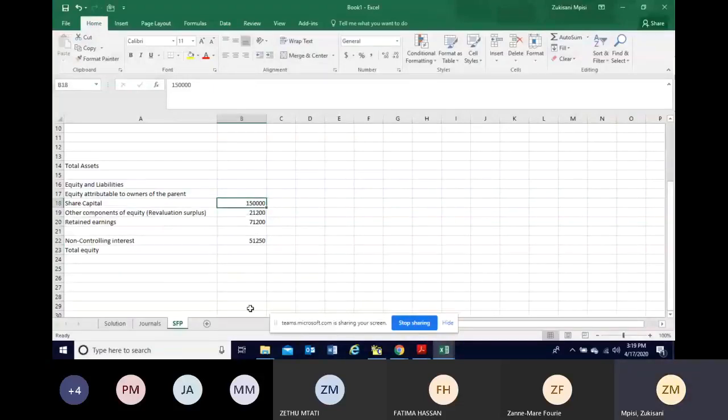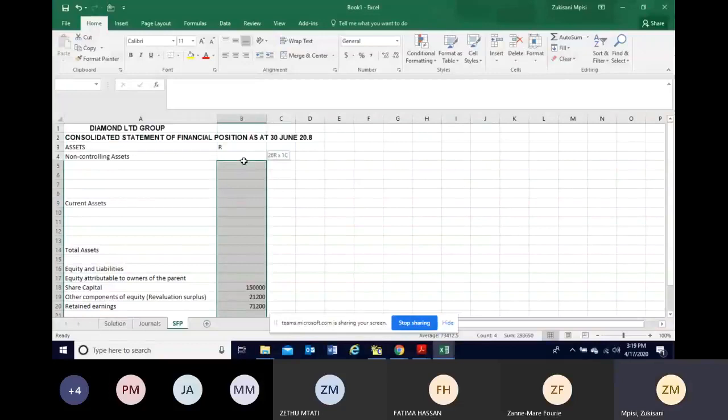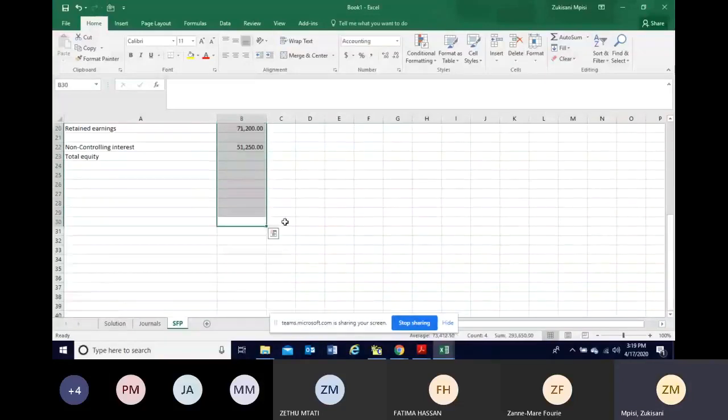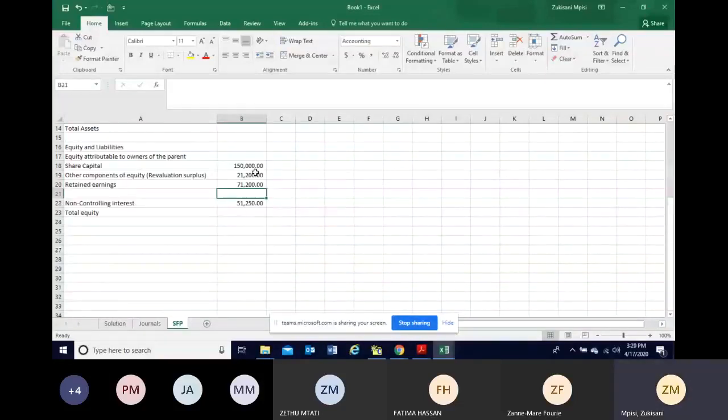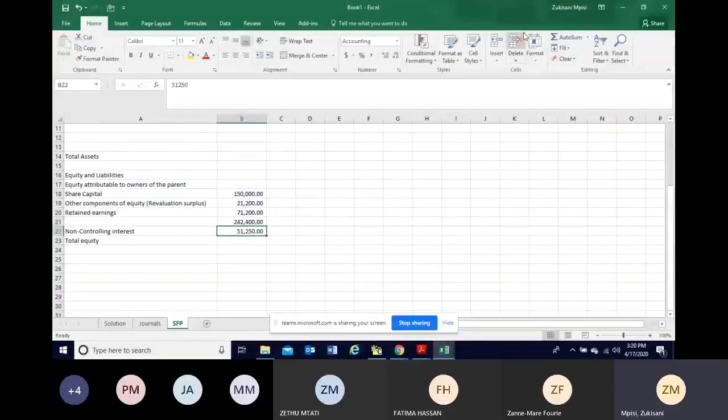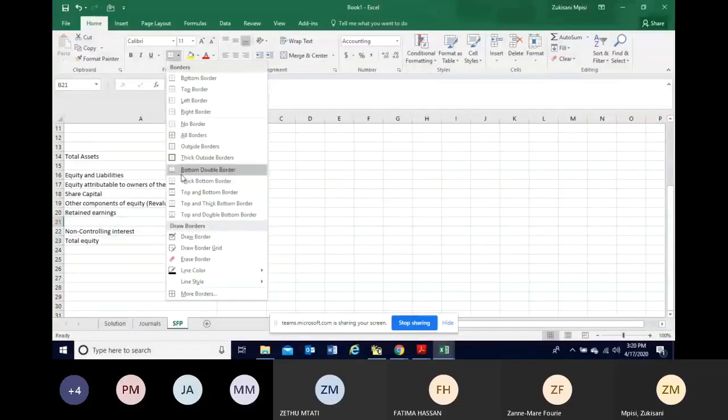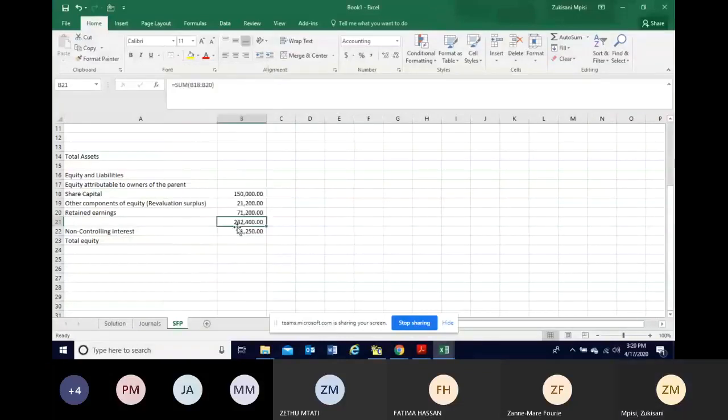That means that we can quickly do that part here and complete it. And then total equity would be 2224 plus 51,250, which gives you 293.